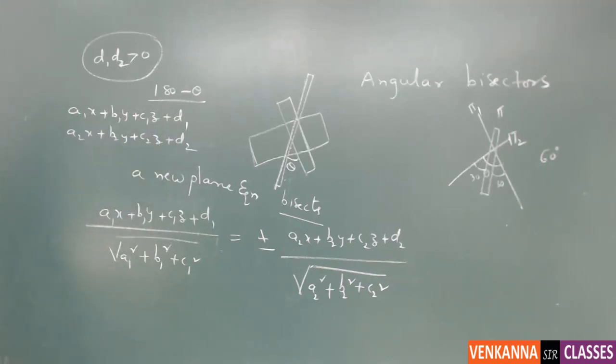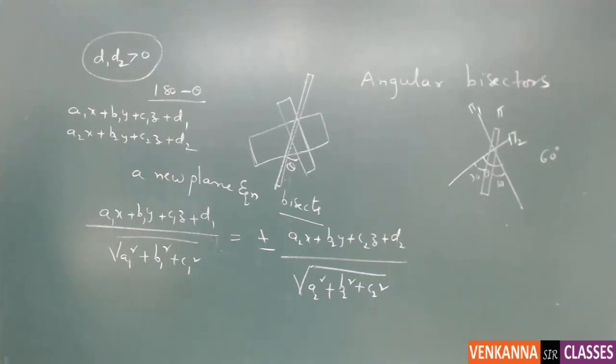Either both are positive or both are negative, the constant values, so that if you multiply them, d1 d2 will be positive. Clear? So by rewriting the given equations in that way, only then do we apply this formula. This is most important. While applying plus and minus signs, obviously you will get two distinct planes. That is okay.